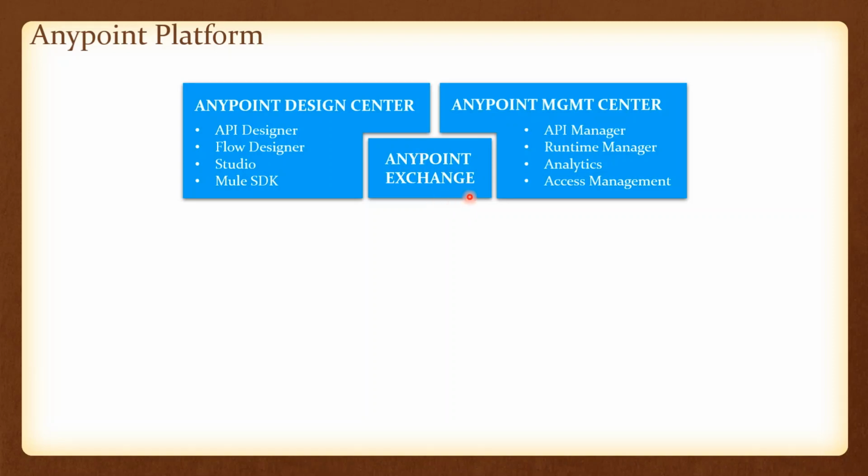And then suppose we want to apply policies to the API, we import those policies from the Anypoint Exchange into the API Manager and apply the policies. Or else if you want to import a custom connector that has been published to Exchange, all we have to do is add the Anypoint Exchange dependency of that connector in the pom.xml.